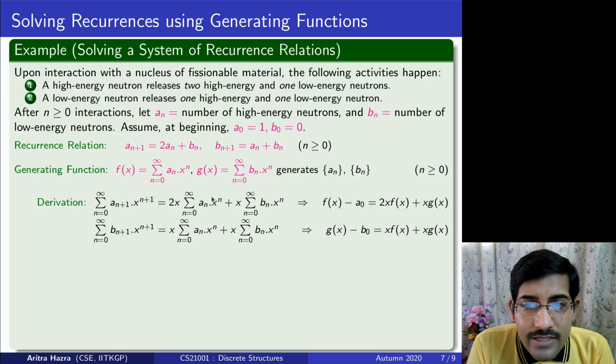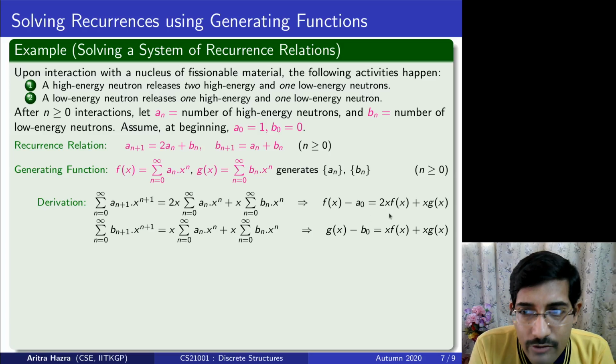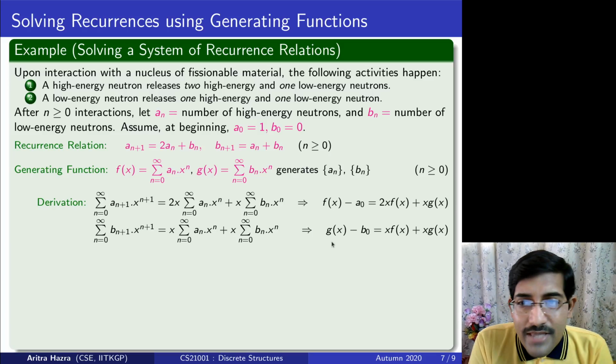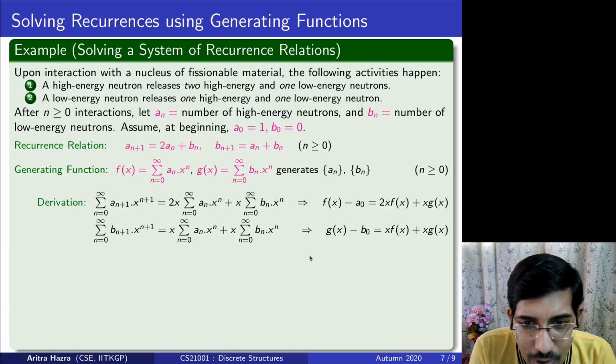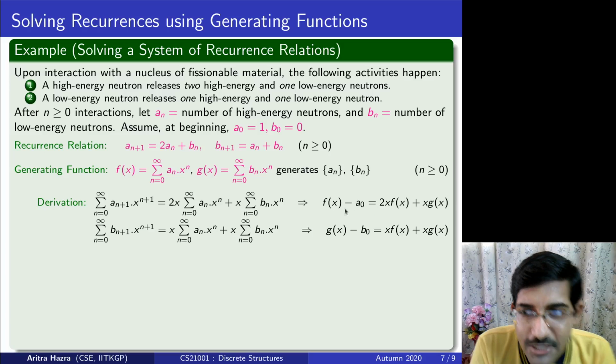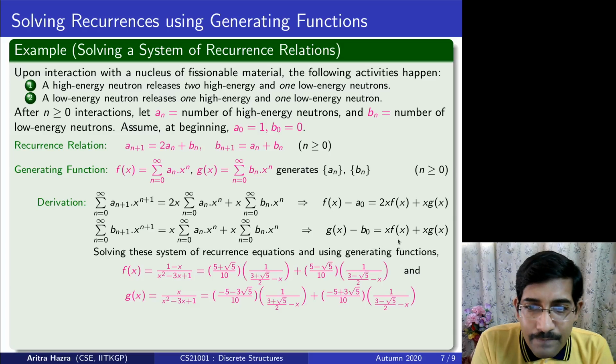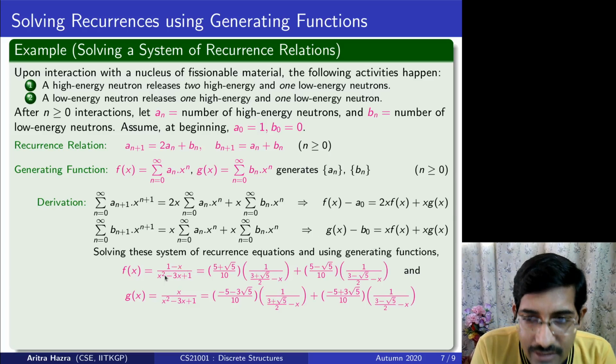Here it is just f(x), so 2x into f(x). Here it is just g(x), so x into g(x). This means again g(x) minus B0 equals x into f(x) plus x into g(x). Now we have two such equations, and f(x) and g(x) are the two unknown quantities. Solve it and you will get this.